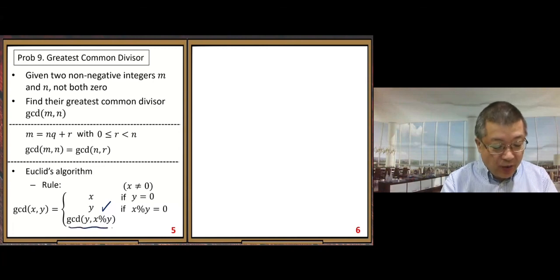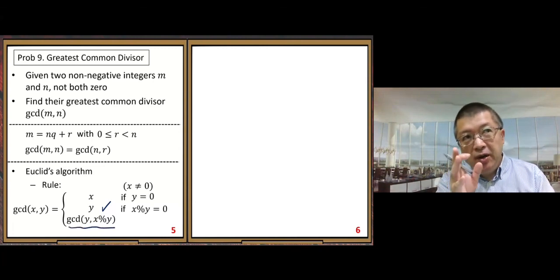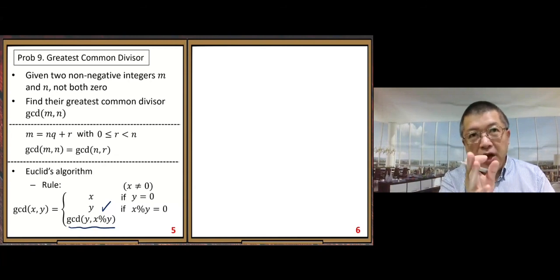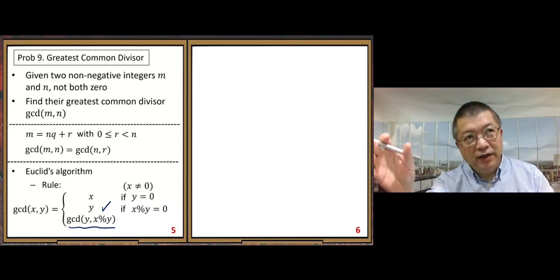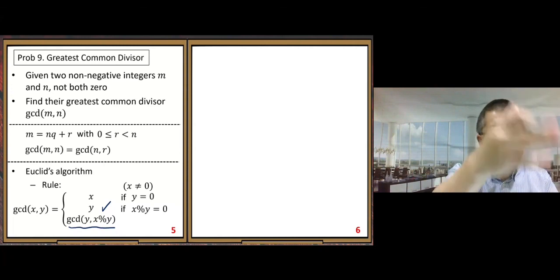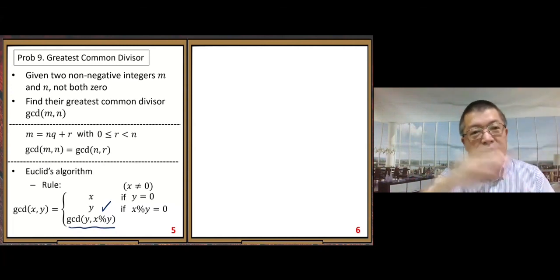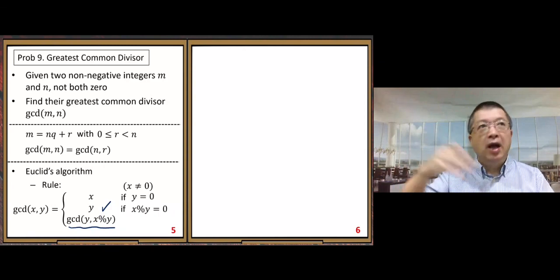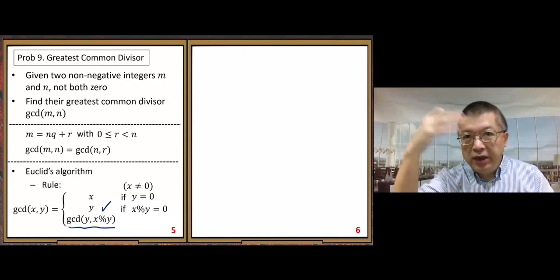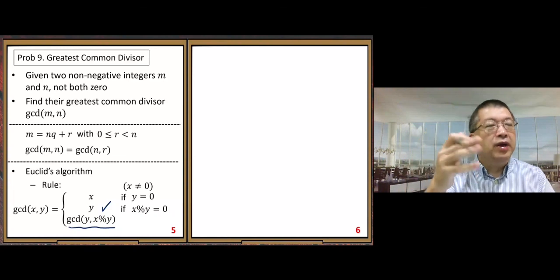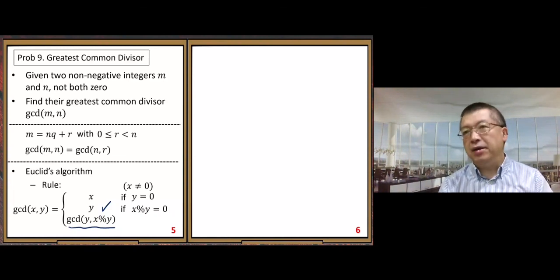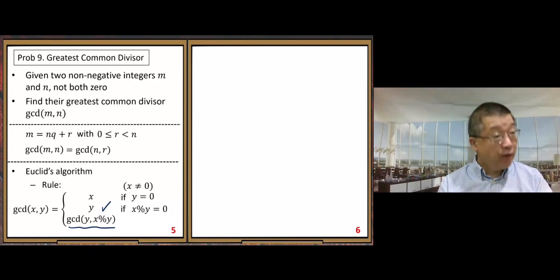You can see we call another GCD, but this time based on the division algorithm: y first, x mod y second. We hope the size is reduced, and in this way we can keep doing the size reduction until we get the answer. How powerful is this algorithm? Think about that.